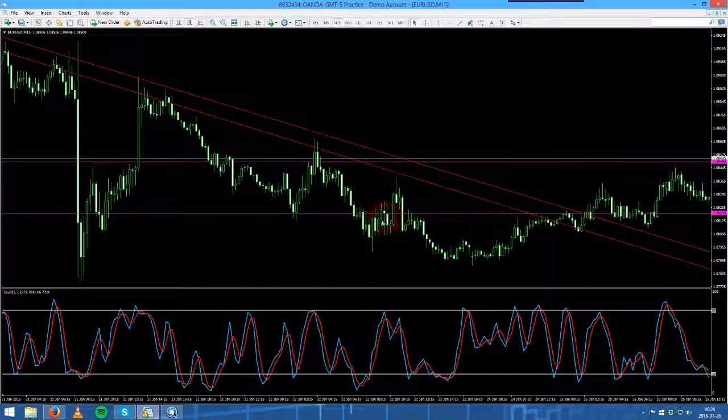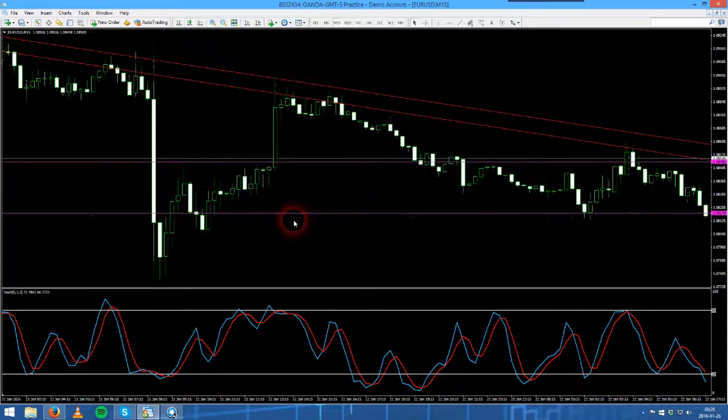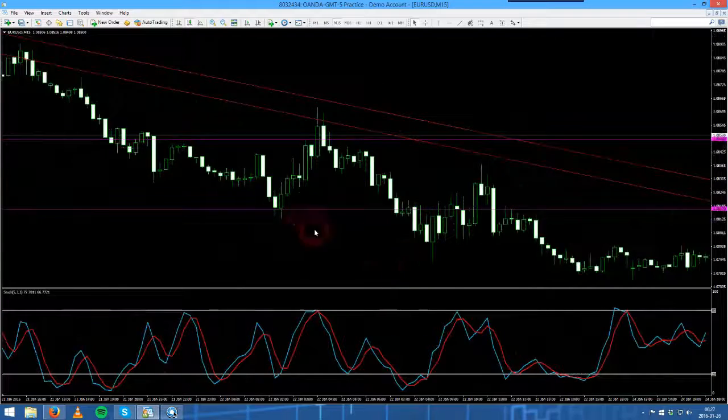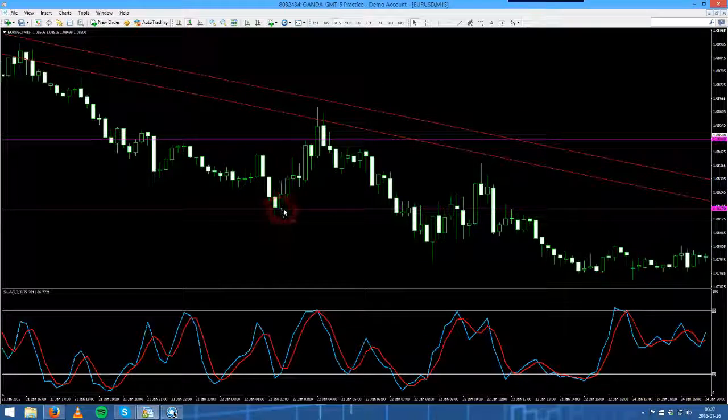As you can see, this support was broken here, right? So the candles were above. When the candles are above the line that you draw, it's a support. So these candles closed above this line. If you're a complete beginner, these wicks, these smaller parts, the tails, are called the candle wicks.